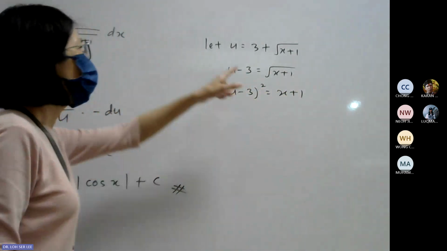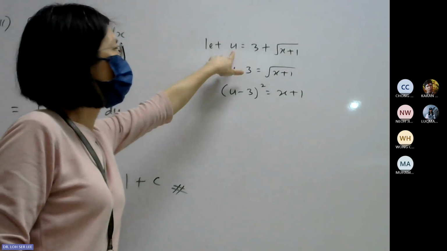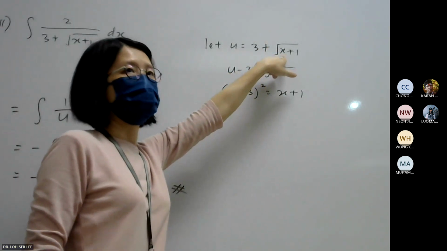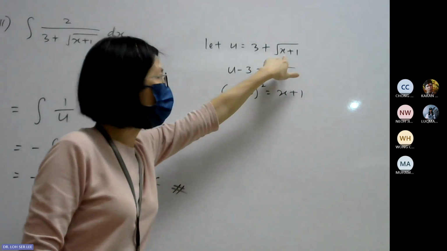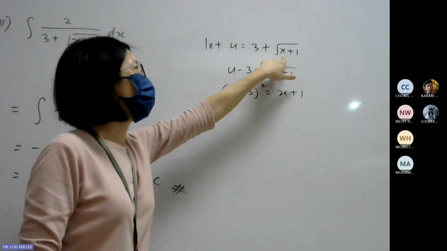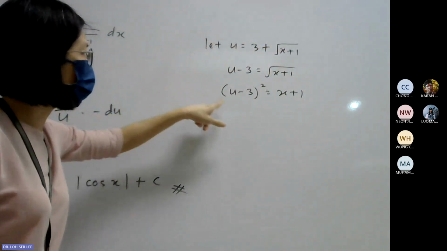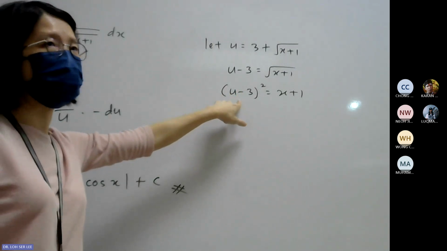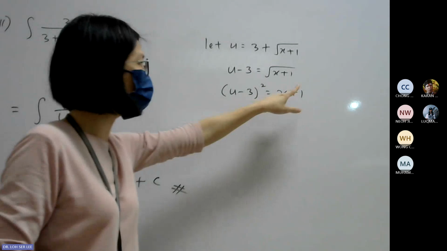If you differentiate du dx starting from here, you will get the square root of x plus 1 later. It works, but it will be more complicated compared to the one where you use implicit differentiation, because when you use implicit differentiation, we do not have the square root.